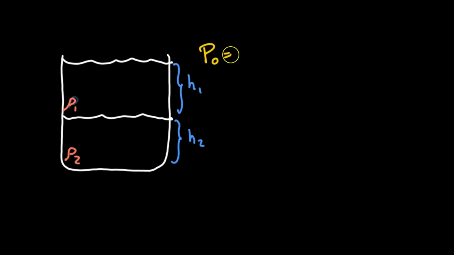A container holds 2 layers of fluids with densities rho 1, top layer, and rho 2, bottom layer, with heights h1 and h2. Find the pressure at the bottom of the container. We're going to start at the top and work our way down. Starting at the top, our initial or reference pressure is equal to atmospheric pressure because the fluid is open to the atmosphere.